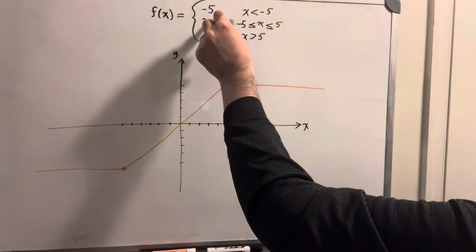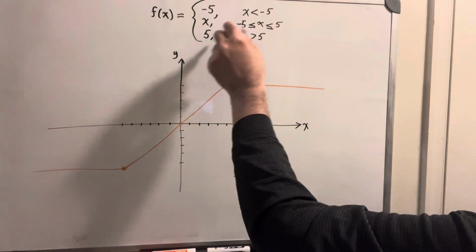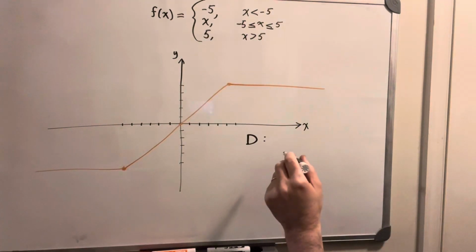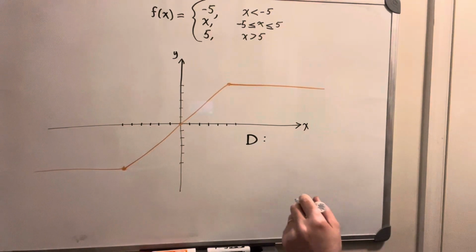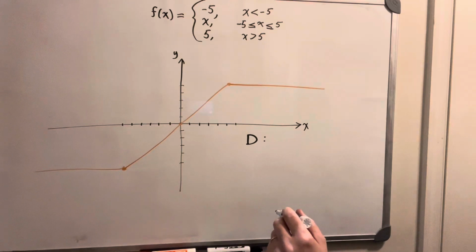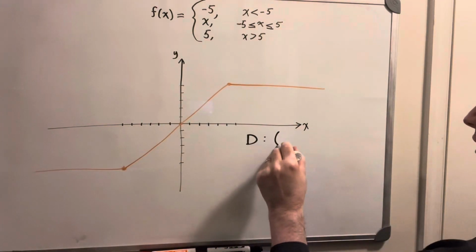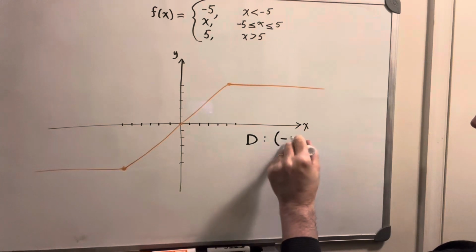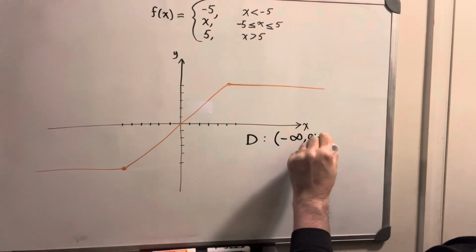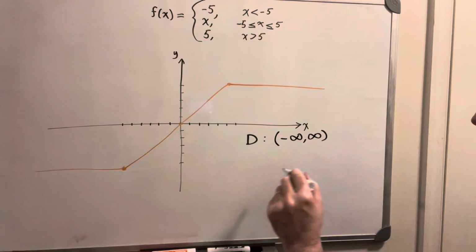And this one has the same value as this one at 5. There's a topic in calculus which you can learn of later called continuity, continuous functions, where this will come in. But for now, the domain of the function is from -infinity to infinity.